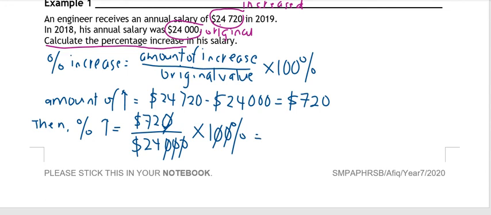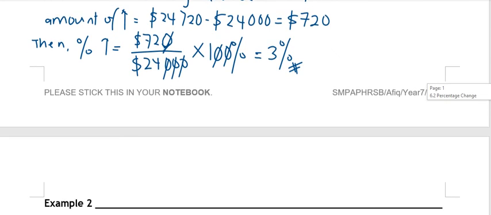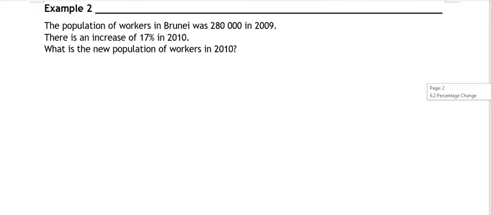When you calculate 72 divided by 24, it will give you 3%. So that means his salary increased by 3% compared to 2018. In 2019, the 3% is the percentage increase. Let's move on to the next one, which is example number 2.